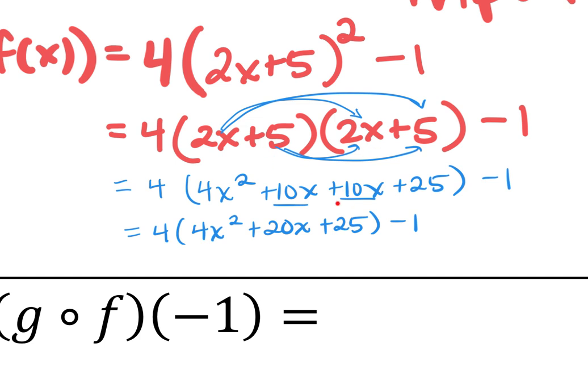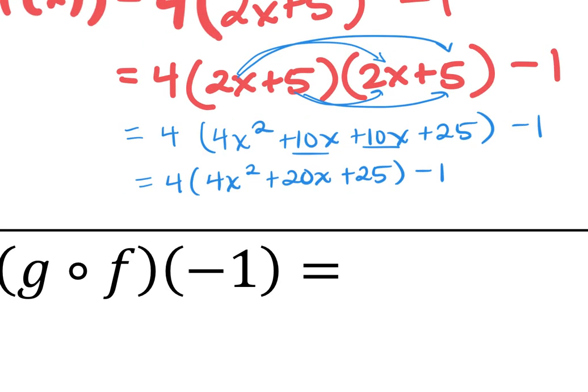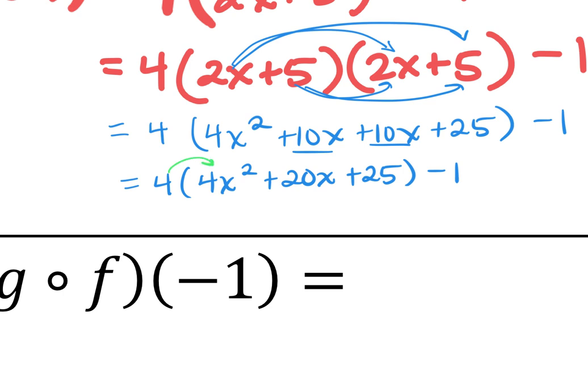Now that I've multiplied the binomials and simplified that, I can go ahead and distribute this 4 to the trinomial that was created here. So 4 times 4x squared would be 16x squared, plus 80x, and then 4 times 25 would be 100, and then finally, minus 1.